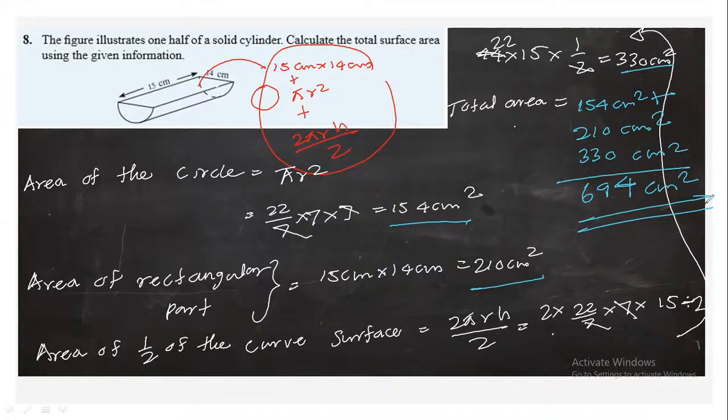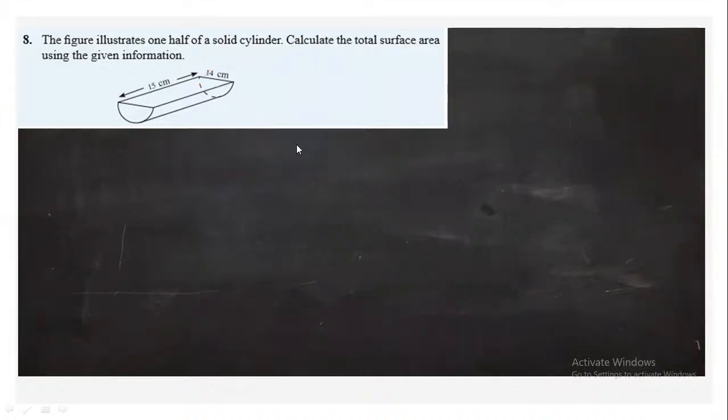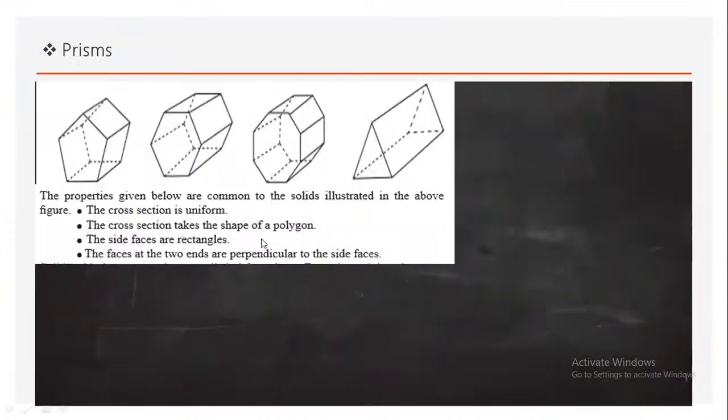Next one, prisms. What is the meaning of prisms? The properties given below are common to the solid illustrated in the above figure. The cross section is uniform.